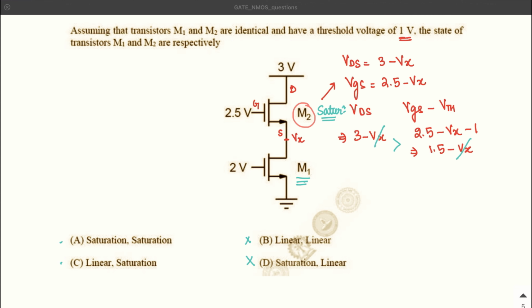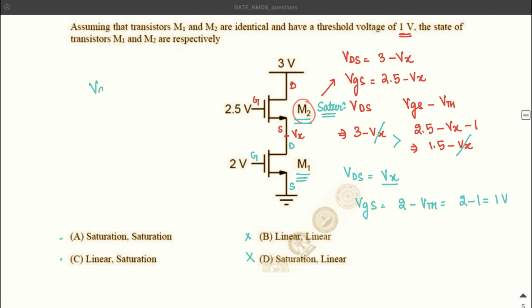Let us write down the same things for M1. This is the drain, source, and that's the gate terminal. If you write the VDS voltage, that would be equal to Vx, and if you write VGS, that will be 2 volt, and VGS minus VTH would be 2 minus 1, that is 1 volt.